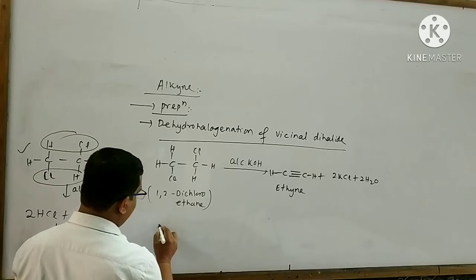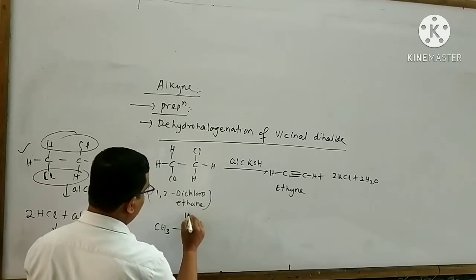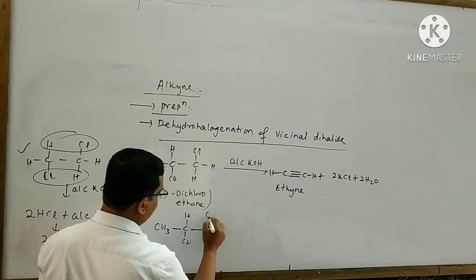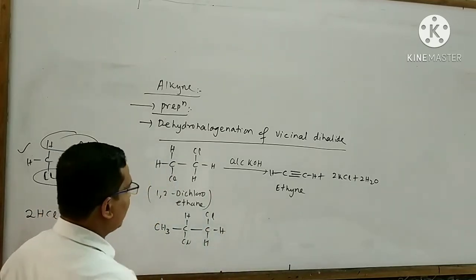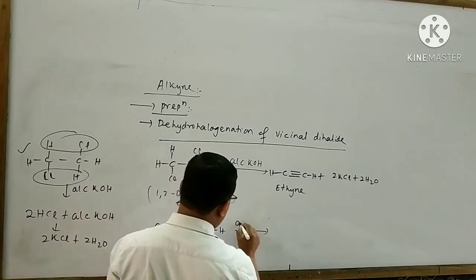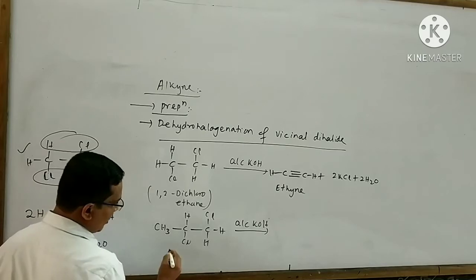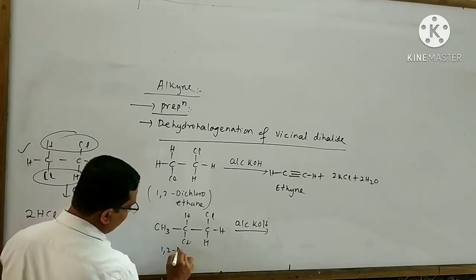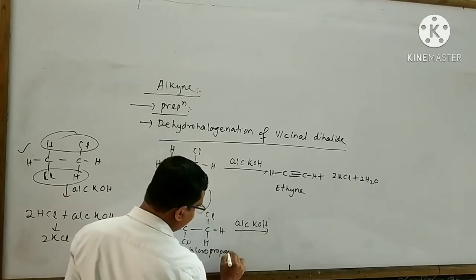Take another example, CH3, bond C, bond Cl, bond H, bond C, bond Cl, bond H, bond H. Give alcoholic KOH to this reactant. The name of this reactant is said to be 1,2-dichloropropane.